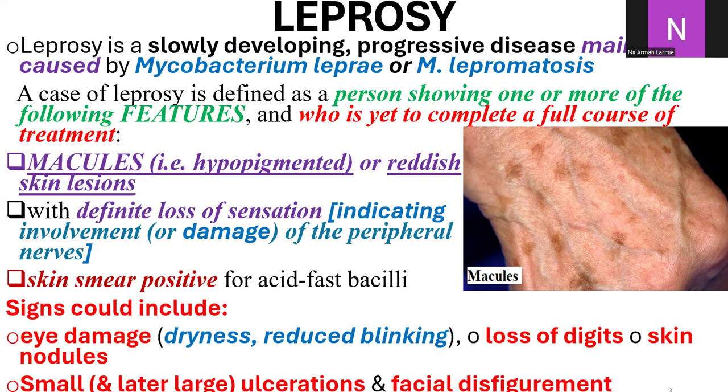Now, leprosy is progressive, it develops slowly, but it eats away the ability of the person's nervous system to recognize a lot of activities.